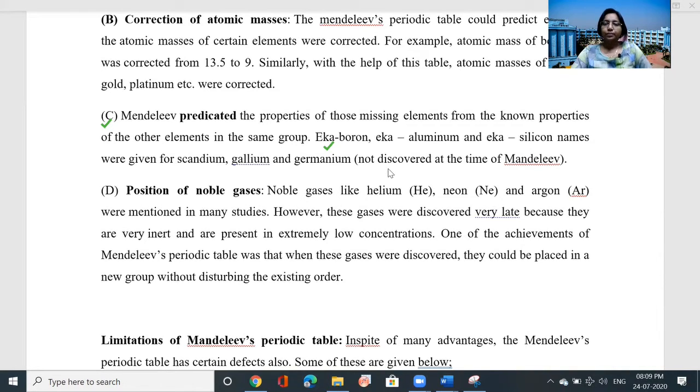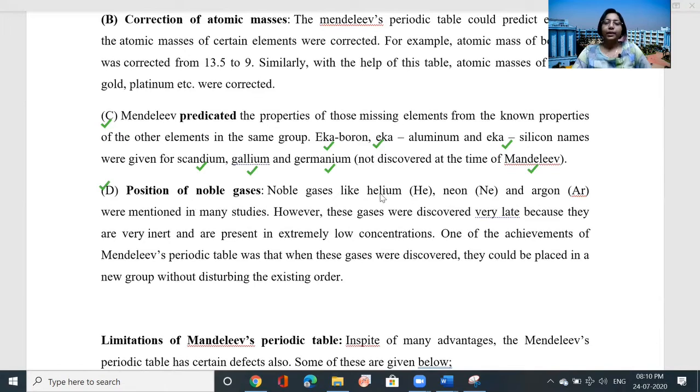Eka boron, eka aluminium and eka silicon names were given for scandium, gallium and germanium, not discovered at the time of Mendeleev. So he predicted that there may be discovery of the new element, and that we know that it becomes the correct position of noble gases.